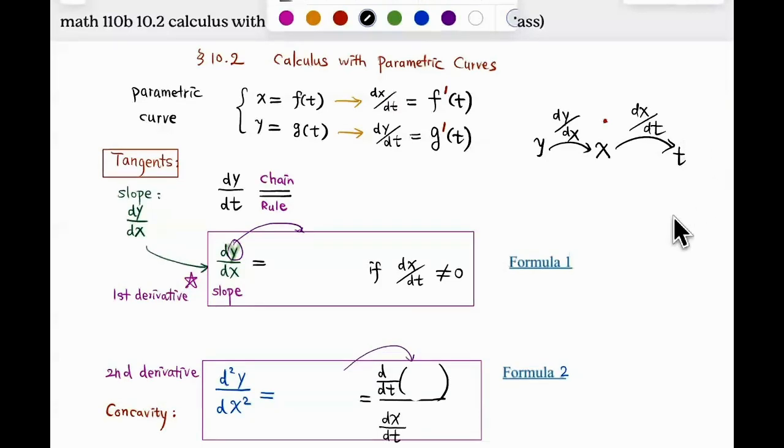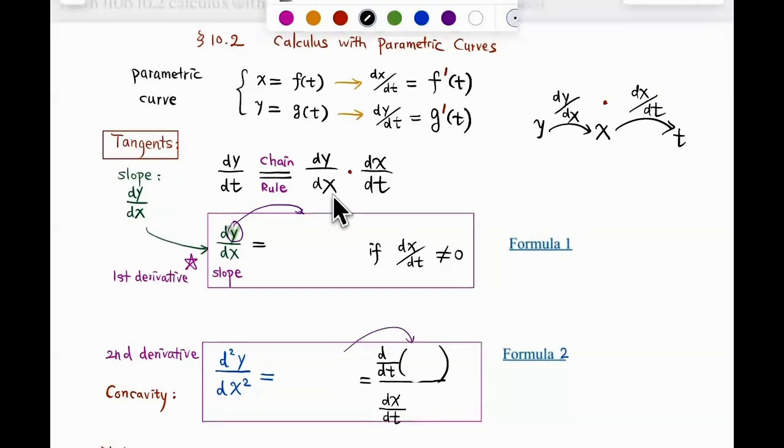Okay. So by the chain rule, dy/dt is dy/dx times dx/dt. Right? Now, can we solve for dy/dx in this equation? Then dy/dx is equal to what? dy/dt divided by dx/dt. You got it.